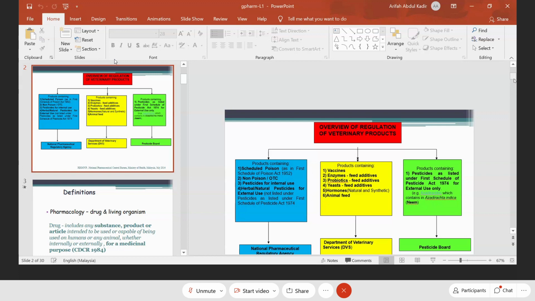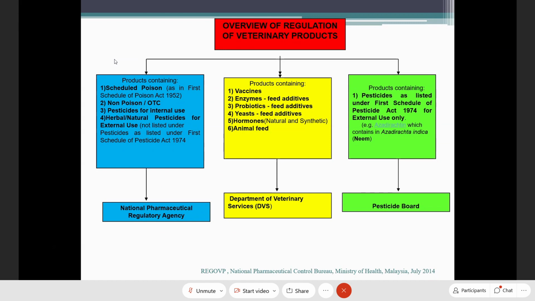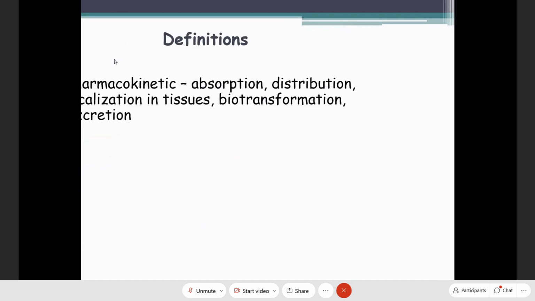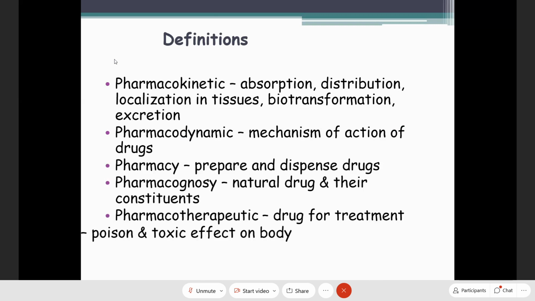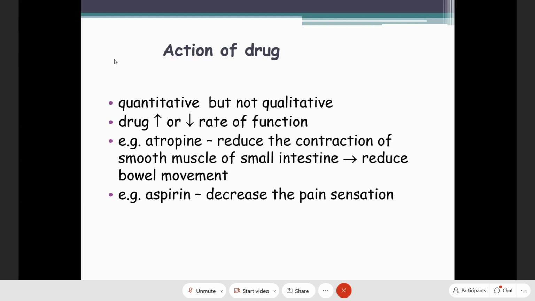All this I've covered. Right. Action of drugs. So action of drugs, basically.